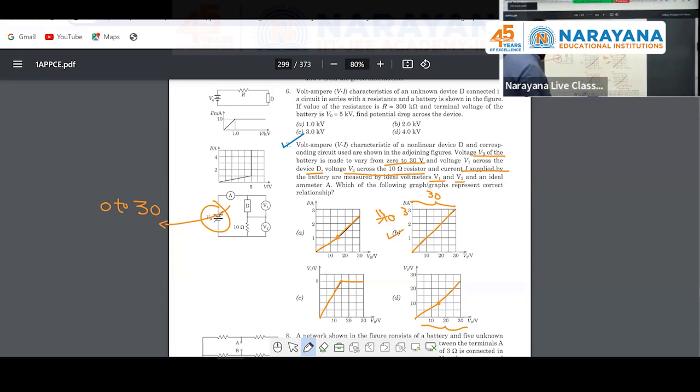So you are saying up to 15 volt, it will follow one pattern. And let's check VB, with 0 less than equal to VB less than equal to 15.